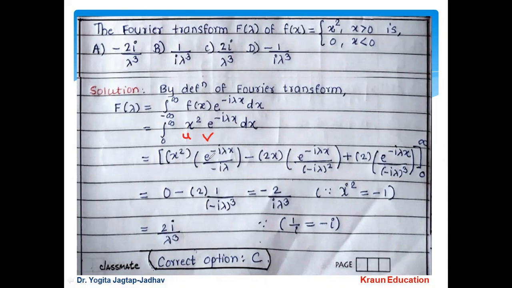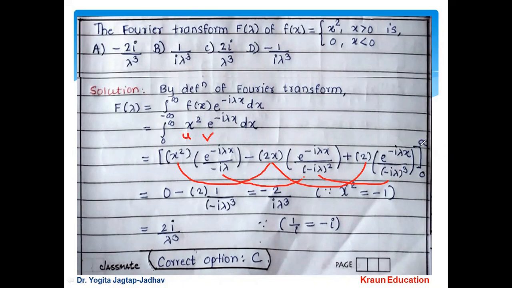Integration of the second term is e raised to minus i lambda x upon minus i lambda, minus the derivative of the first bracket, that is 2x. Integration of the second bracket is e raised to minus i lambda x upon minus i lambda square. Again, the derivative of the first bracket is plus 2. And the integration of the second bracket is e raised to minus i lambda x upon minus i lambda whole cube, with the limits from 0 to infinity.